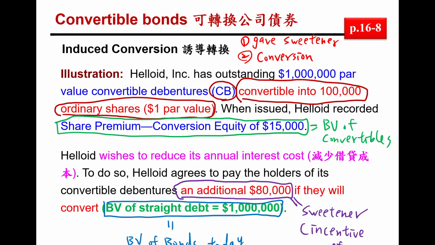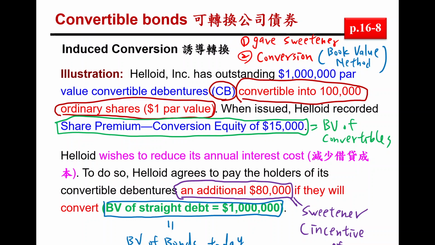Which method do we use? They change their identity. So which method do we use? Book value method, right? Okay. So based on this, do you know how to answer the journal entry on your page 23? So on your page 23, you have to record two things, right?